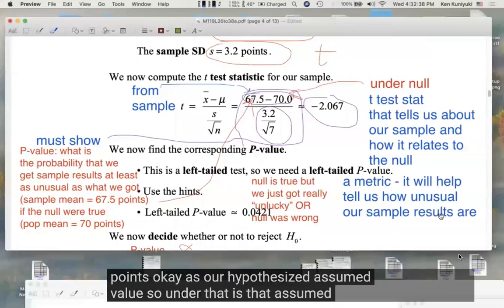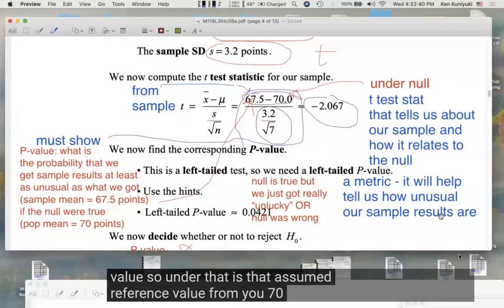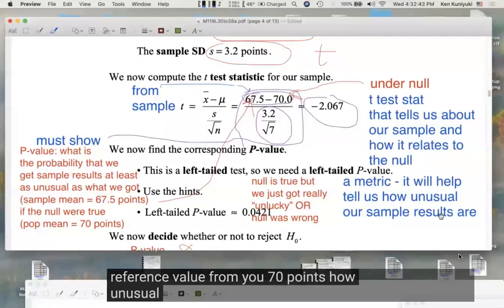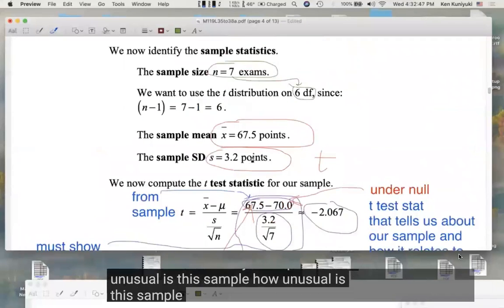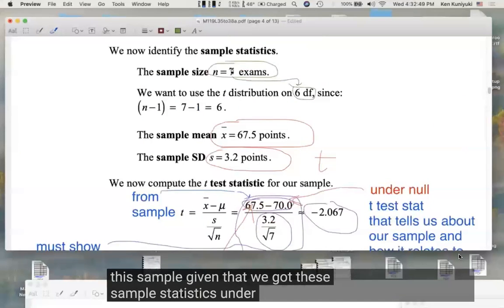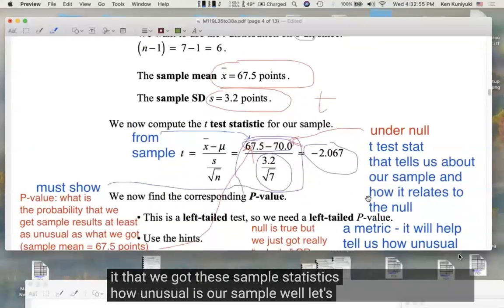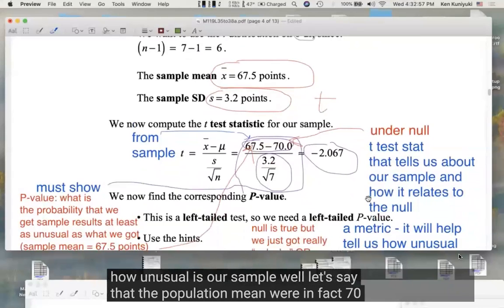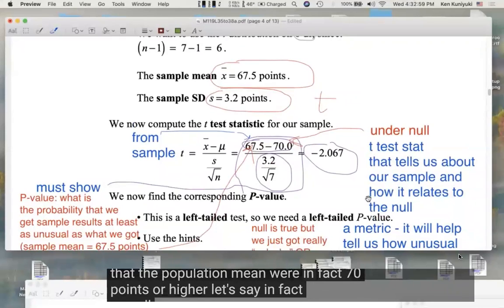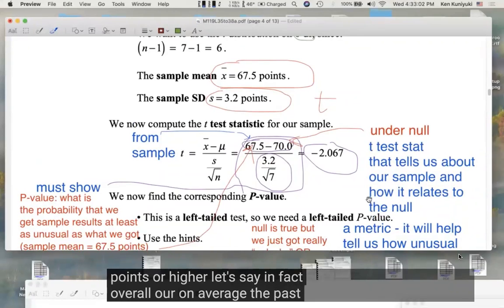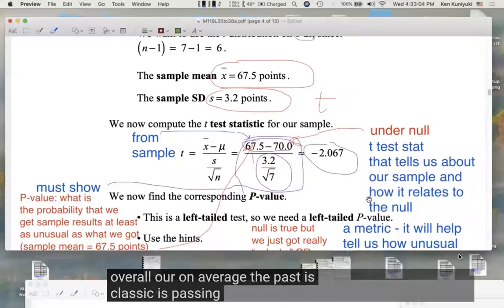Under that assumed reference value for mu, 70 points, how unusual is this sample, given that we got these sample statistics under n equals 7? Let's say the population mean were in fact 70 points or higher, that overall, on average, the class is passing.